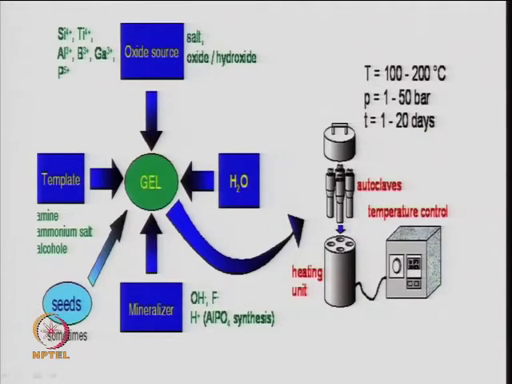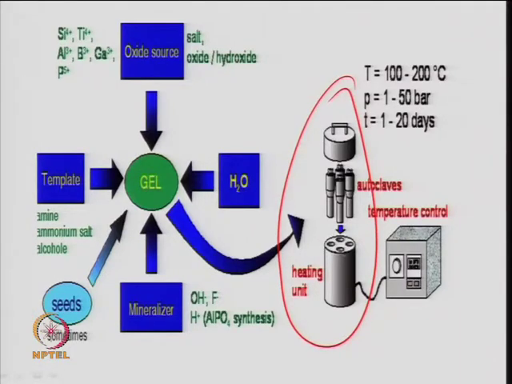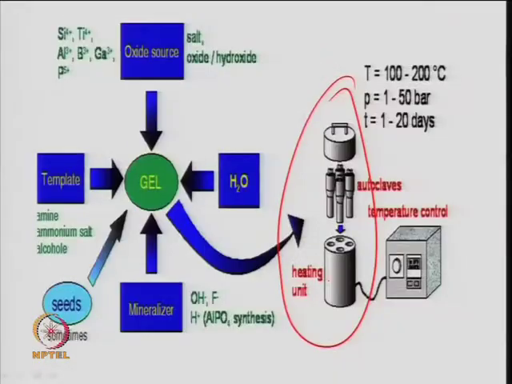So, this is just a typical picture. This is a kind of autoclave system, a reactor system. You put your samples here, all the raw material, silicate source, aluminate source. It is just like a container, a vessel which can sustain a high pressure, because you need a high pressure which may be of the order of 50 atmosphere, 50 bar, right, and time may be 20 days, 30 days or 1 week, 2 weeks, like that.